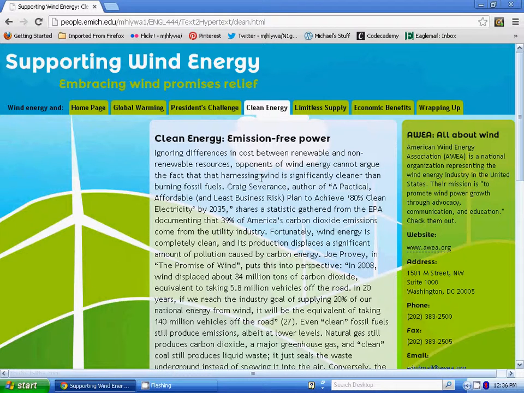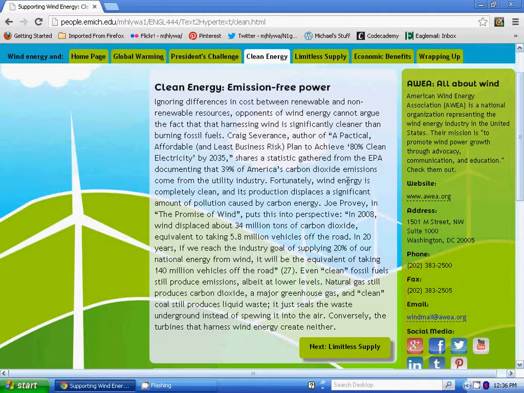All right, so the first thing it tells me right away is that it's cleaner than burning fossil fuels. That it displaces a significant amount of pollution.